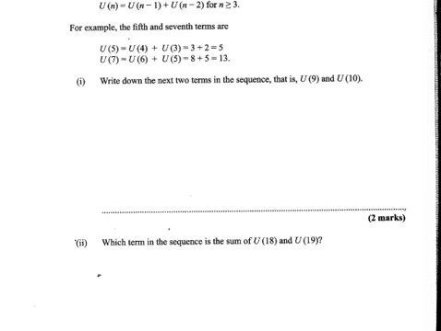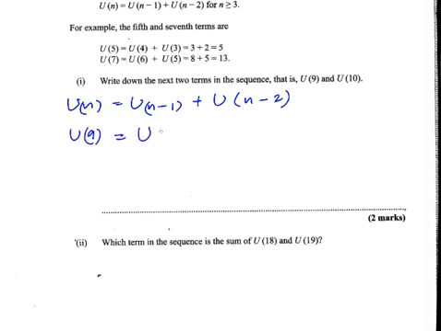So the ninth term, first of all, un is equal to un minus 1 plus un minus 2. So the ninth term, u9, would be equal to u8 plus u7.